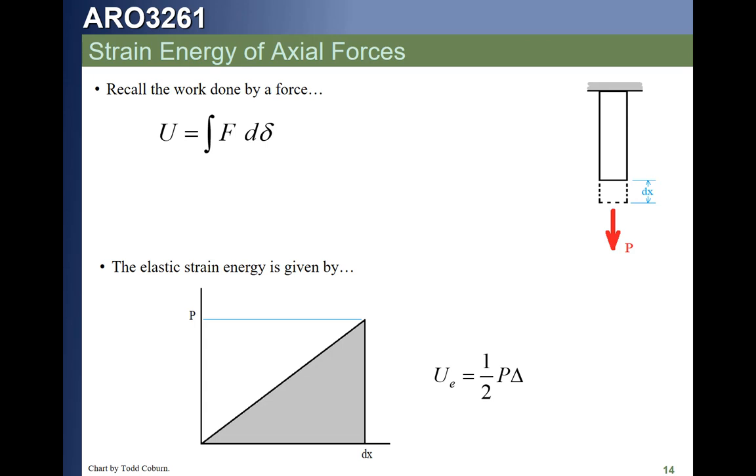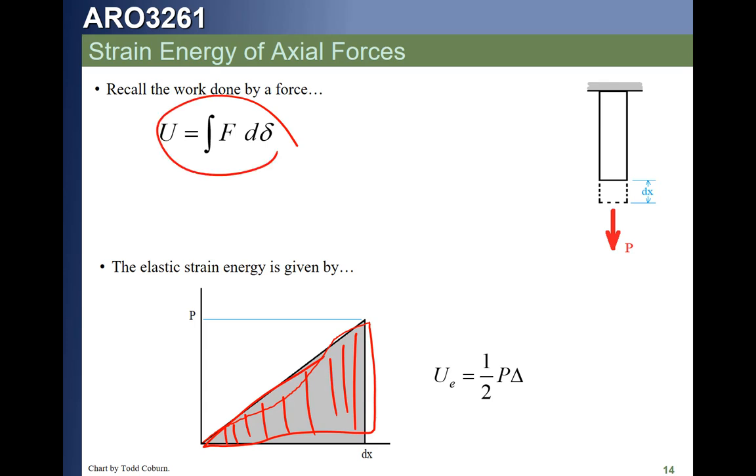But if that relationship is going up this curve as we see here, then the area underneath this curve is just the area of this. If you take this integral, it just gives you 1/2 P delta. So often when we're talking about the energy, we're going to say that the energy is 1/2 P delta.